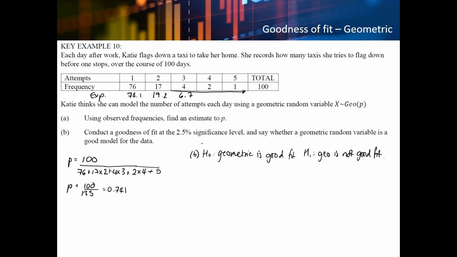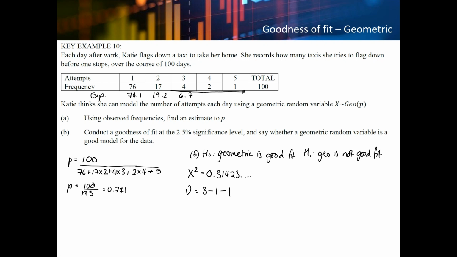Obviously, you could work this out. You could pause the video and just check in with me, but your x squared value ultimately ends up being 0.31423, so on and so forth. Our degrees of freedom, we've got 3 usable columns. We take our usual 1 degree of freedom off because the last cell is completely dictated, and we then must take this second one off because we used our own data to calculate P, and so our degrees of freedom is just 1.